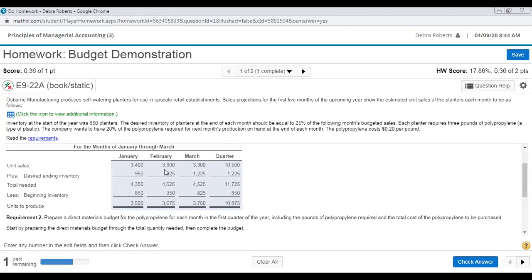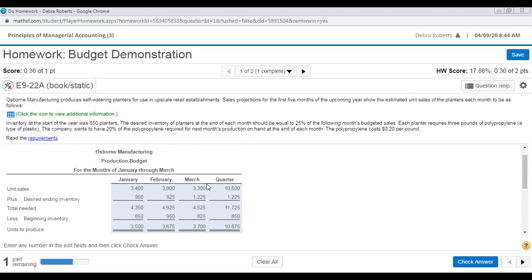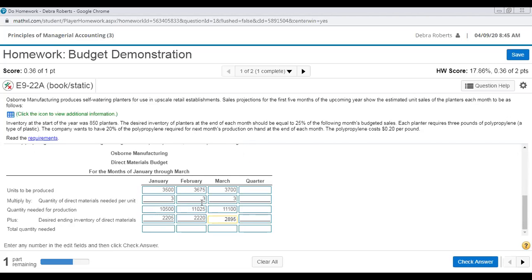So I did January, February, March, but because I need to have the desired ending inventory of direct materials for March using April's information, I had to go back and go through calculating what are my materials I needed, what would be my beginning inventory and my units to produce. Then I was able to compute the desired ending inventory for the month of March. That was the only reason why I had to do that, because it was asking me for the next month's sales.